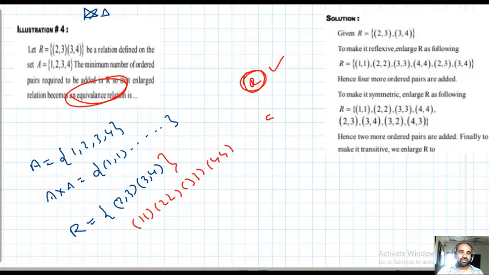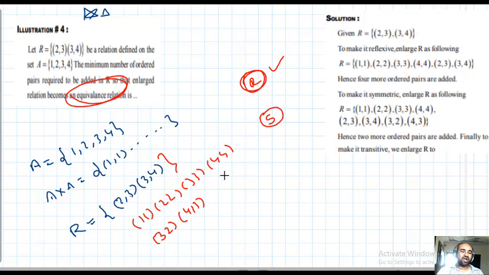For symmetric, observe. (2,3) means the reverse should be there, (3,2). Is it there? Not there, so (3,2) should be added. Added. (3,4) is there means (4,3) should be there, not there, added. (1,1) reverse is (1,1), (2,2) reverse is (2,2), all are there.